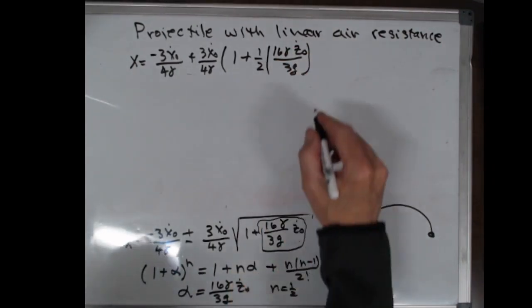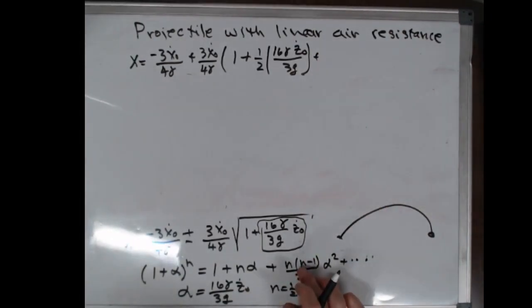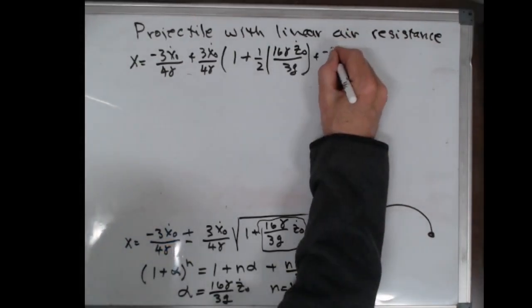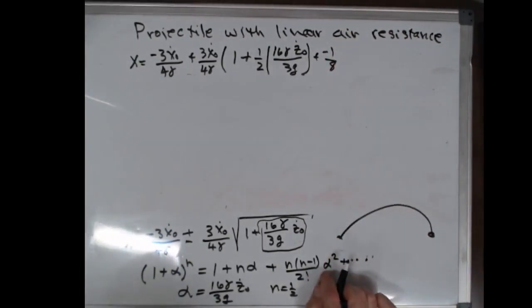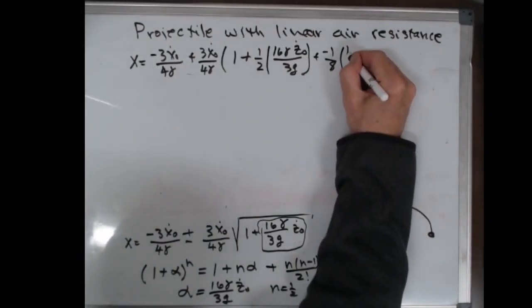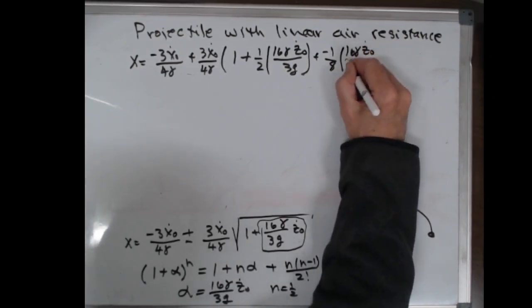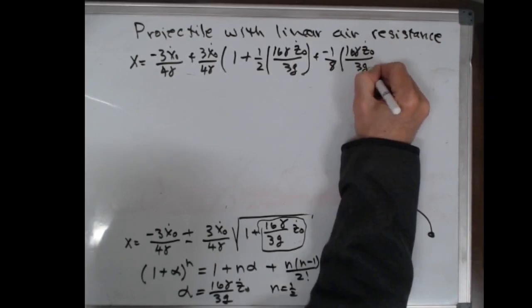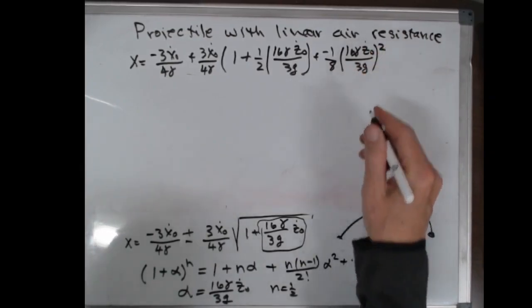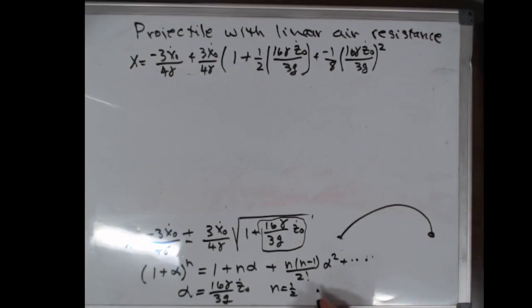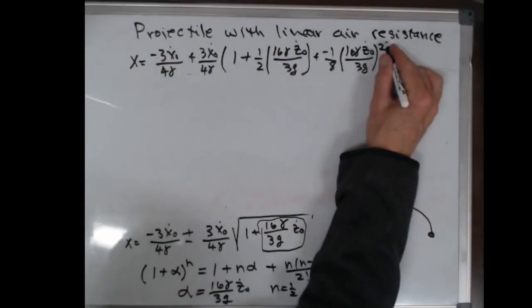Right, that's this piece, plus, so 1/2 times 1/2 minus 1, which is minus 1/2, divided by 2 is minus 1/8, right, so minus 1/8 times alpha squared, so this is 16 gamma z naught dot over 3g squared. That should take care of all of it, right? And that's this guy.